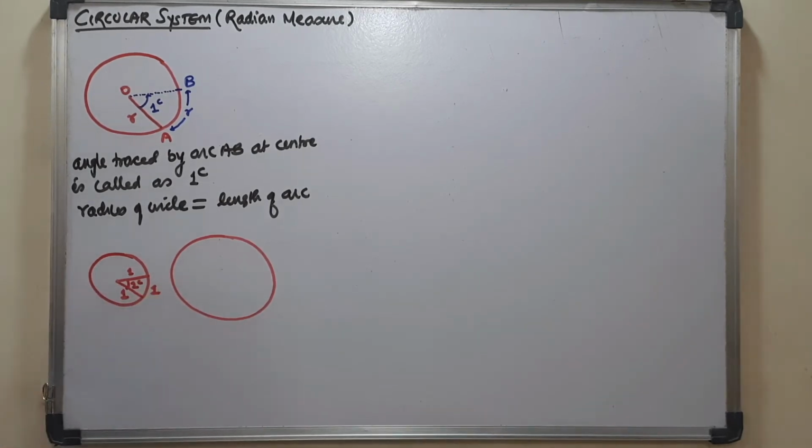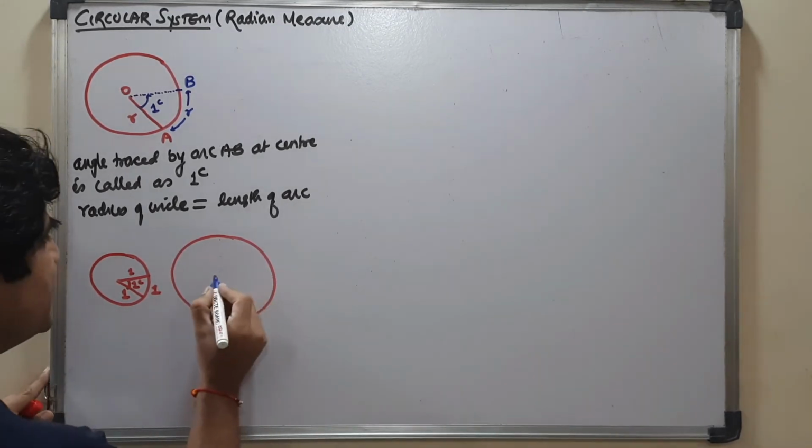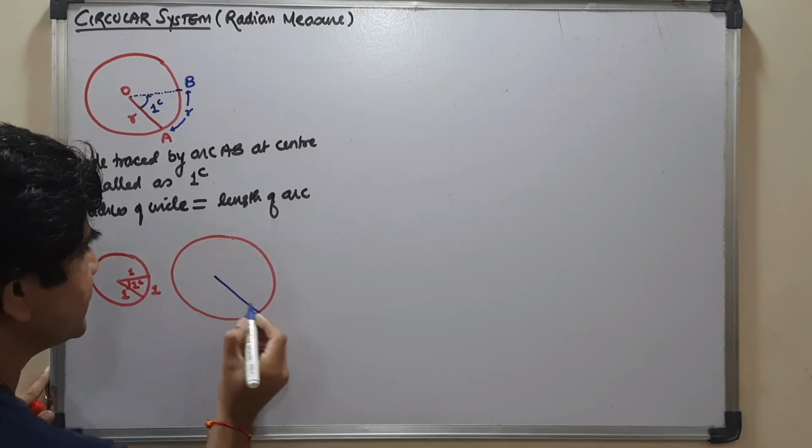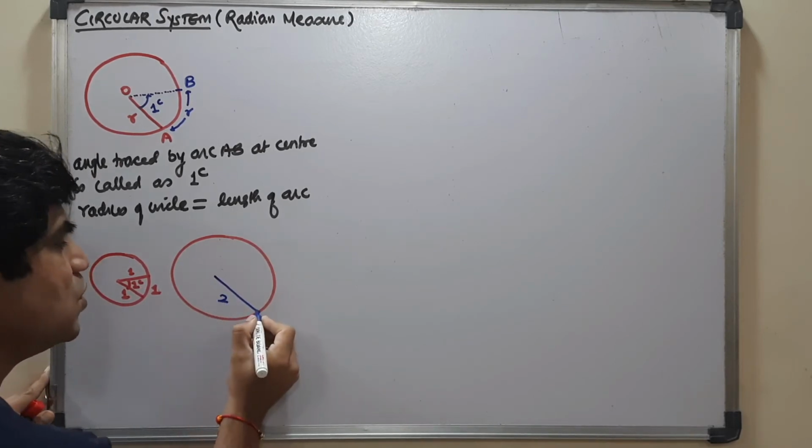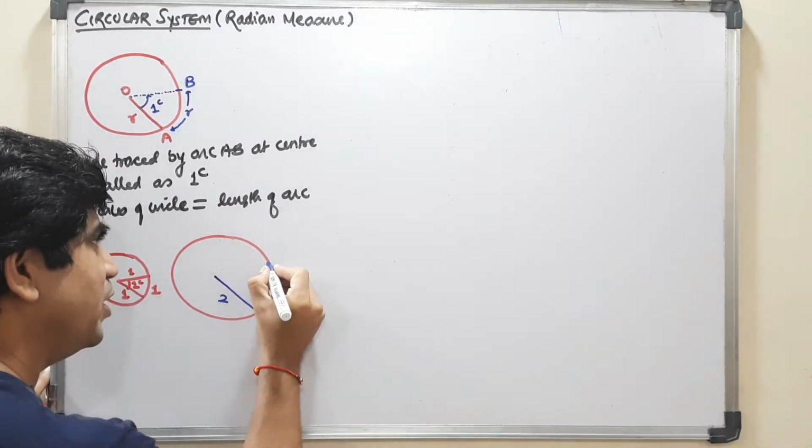I hope you are able to see, but if not, then please adjust. So it is 1 radian. And here, this is your 2 units, so the arc traced will also be 2 units.